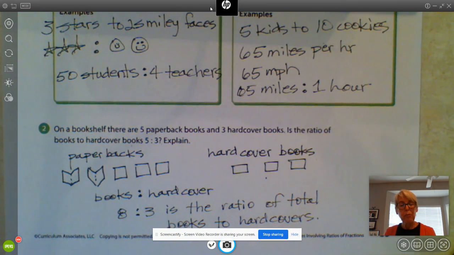Okay, so 5 to 3 would be the paperbacks to the hardcovers. 8 to 3 is total books to the hardcovers.